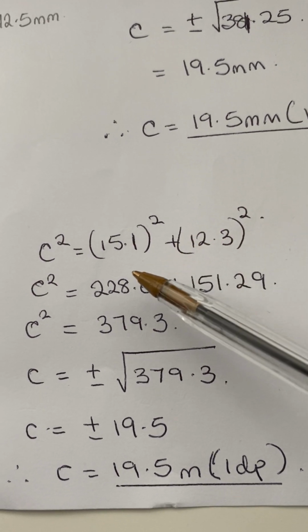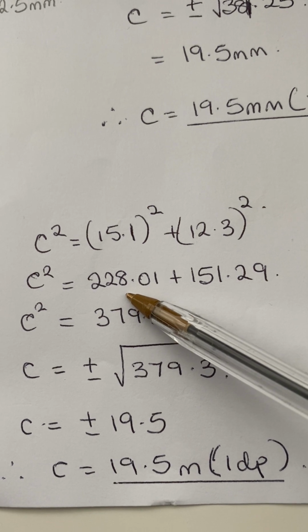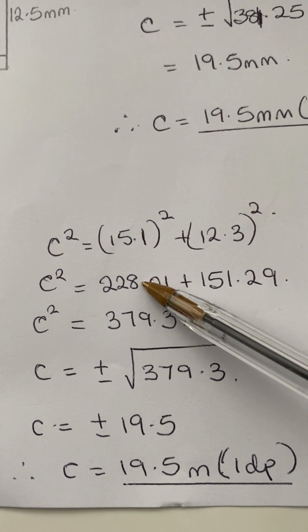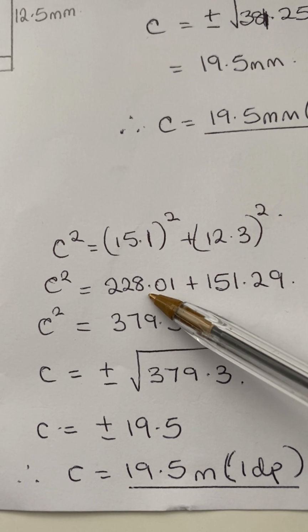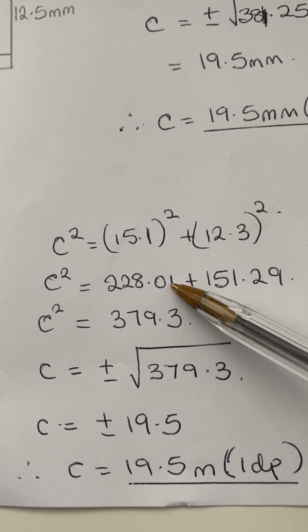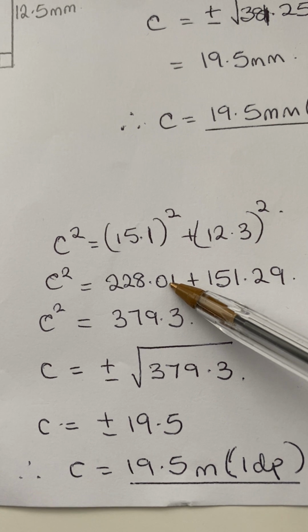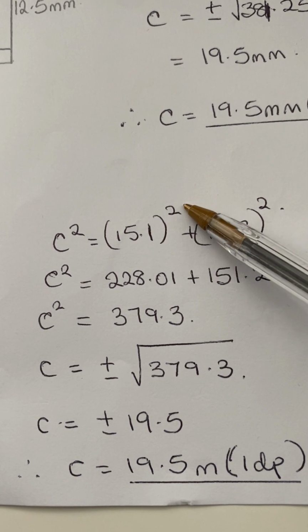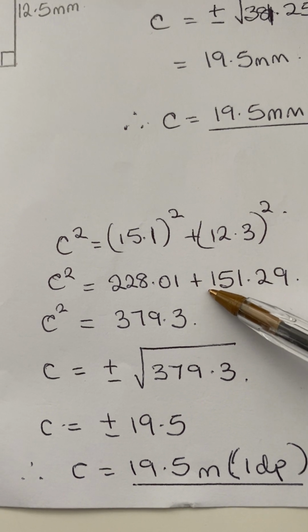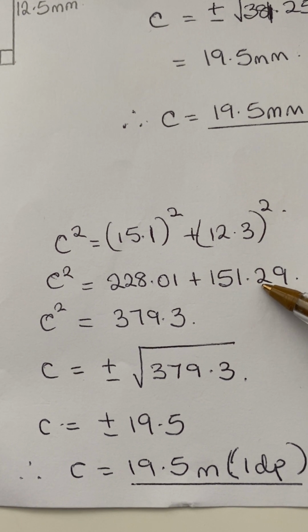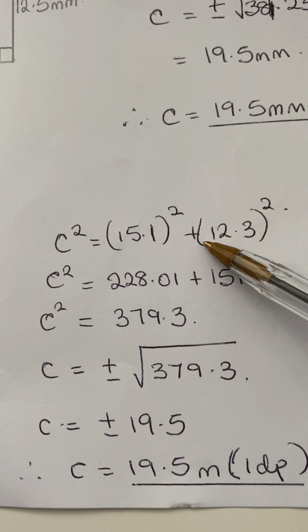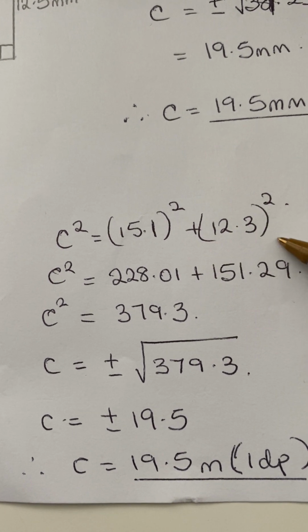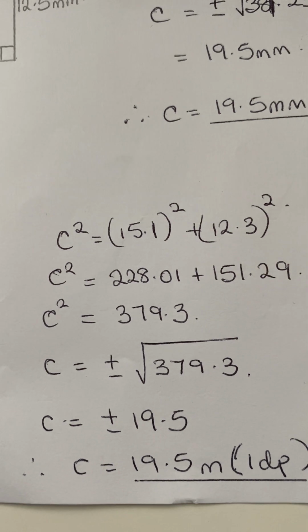If you use the calculator, you are going to get 228.01 for 15.1 squared, plus 151.29. Now 12 squared is 144, so this is quite right.